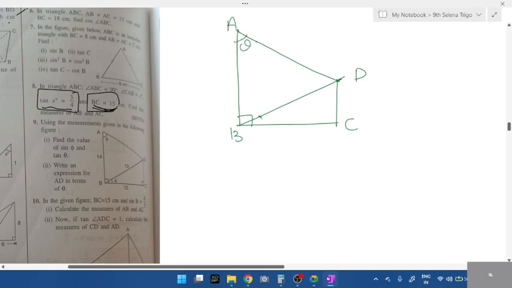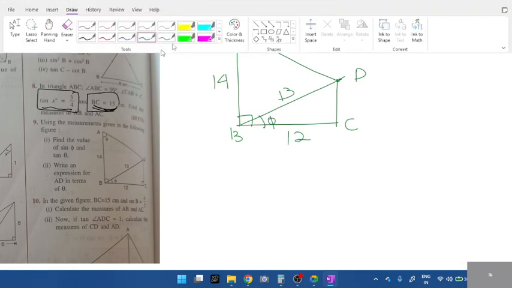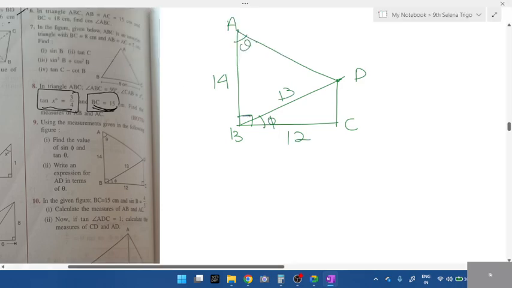Theta, and this angle is alpha, 13, 14. First thing, how many right angle triangles are there? Which is the larger one, students? Which angle is 90? Angle B is 90, right? What about angle C? Angle C is also 90.